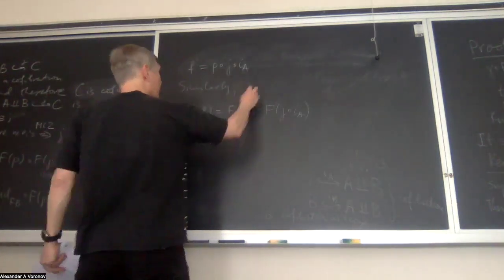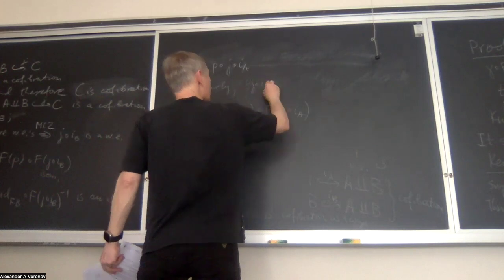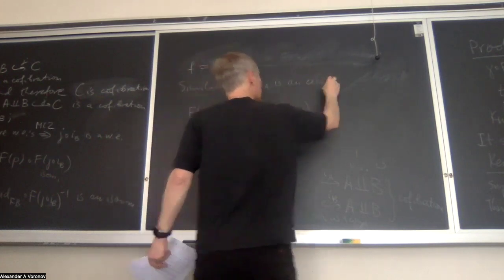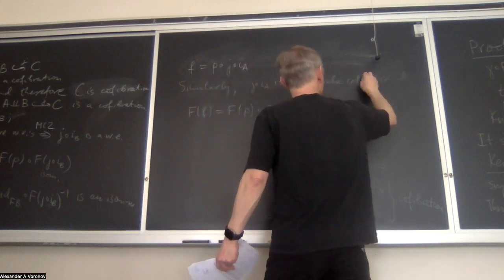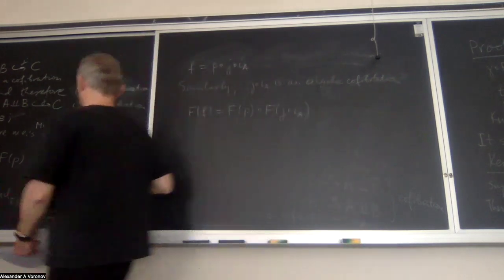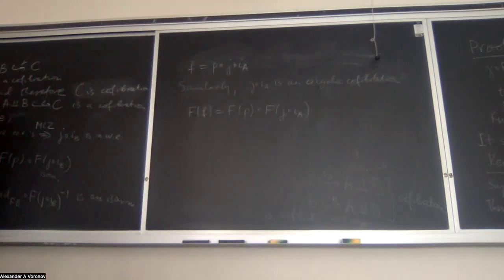Is again J composed with IA is an acyclic cofibration. So we already established that it was a cofibration before, and similarly it's a weak equivalence because of the 2 out of 3 property.